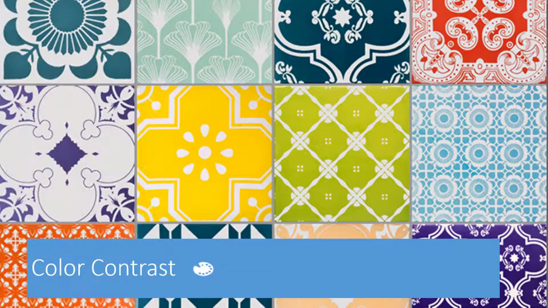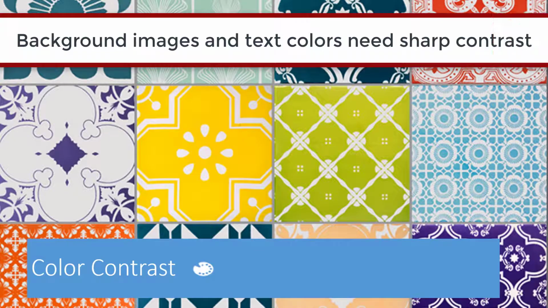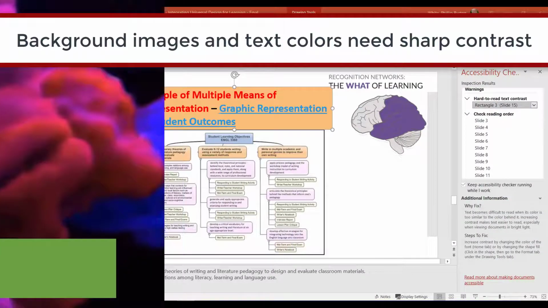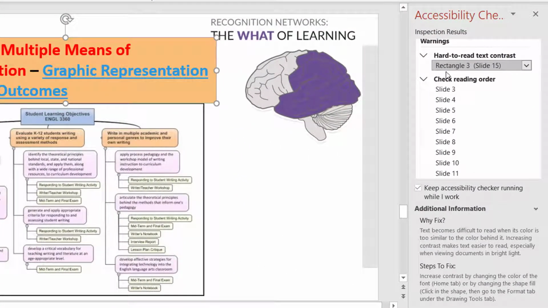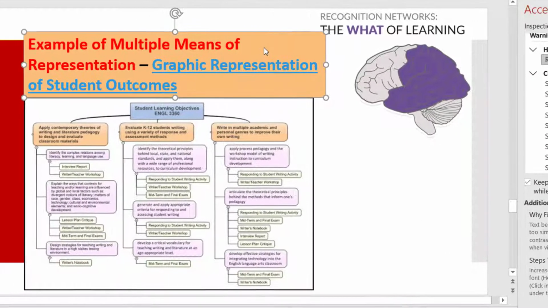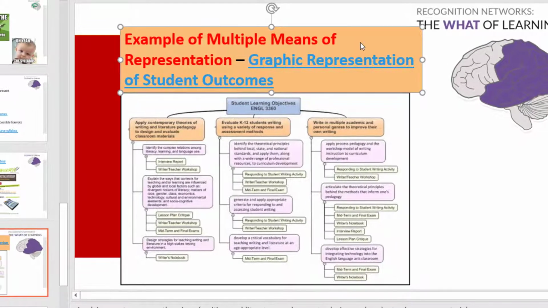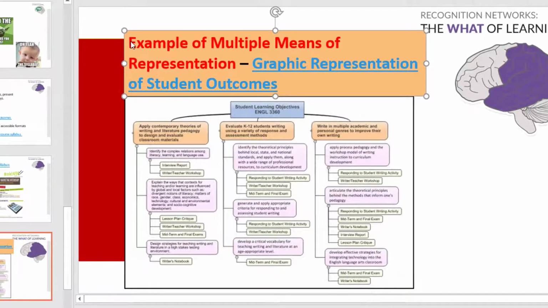Another issue that the checker caught was the color contrast of the same slide. So let's take a look at it. You'll see here on our accessibility checker, it says hard to read text contrast, and you'll see the steps to fixing it are to change the fill color or the text color. So in this case, what we have here is a kind of pale peach color and then red letters on top.